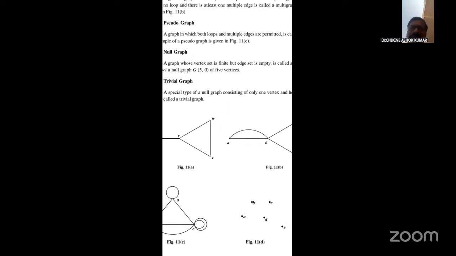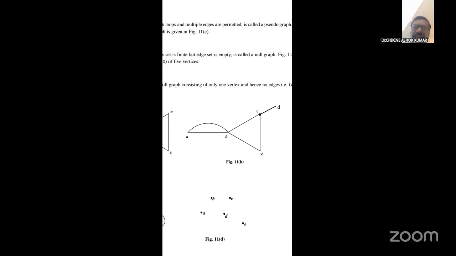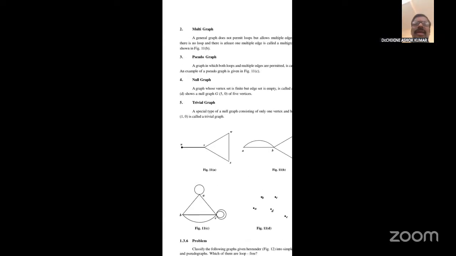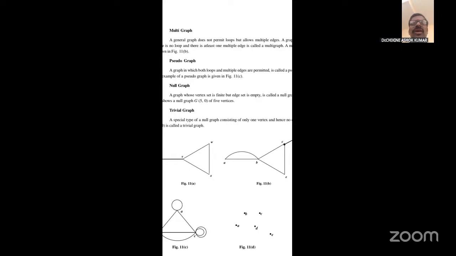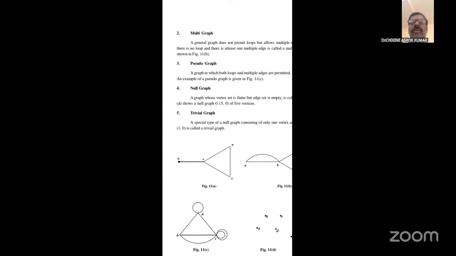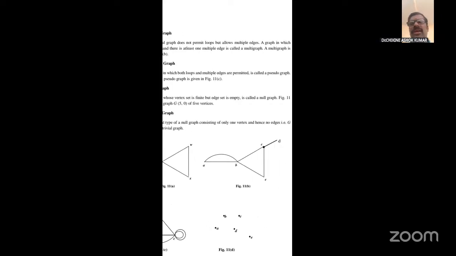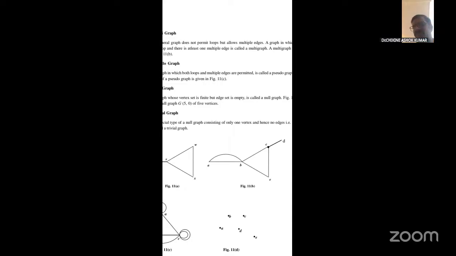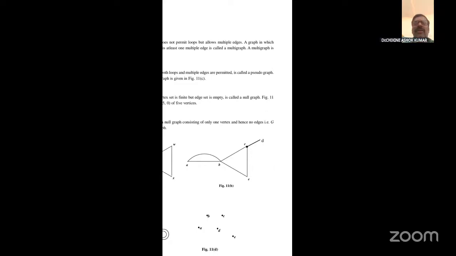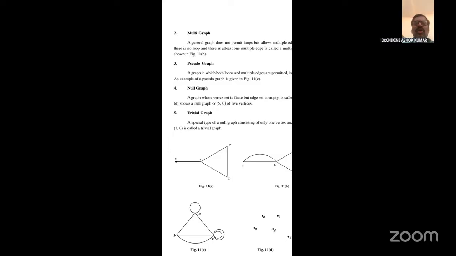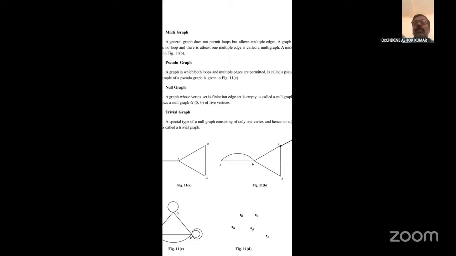Whereas in figure 11b, a multigraph is shown. A graph with at least one multiple edge is called a multigraph. That is the definition of a multigraph. What is the meaning of multigraph? A graph in which there is no loop and there is at least one multiple edge is called a multigraph.